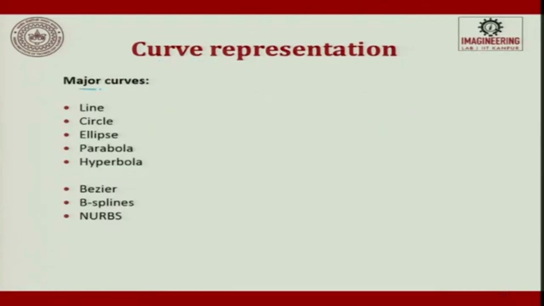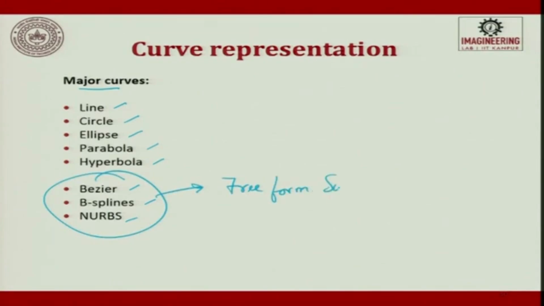The major curves are lines, circles, ellipse, parabola, hyperbola, Bezier, B-spline, NURBS. All of these form free form curves and surfaces. Today when you try to do any complex surface, we use Bezier curve, B-spline curve or NURBS.